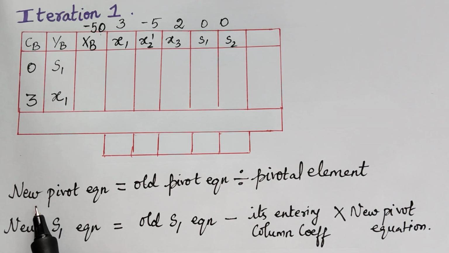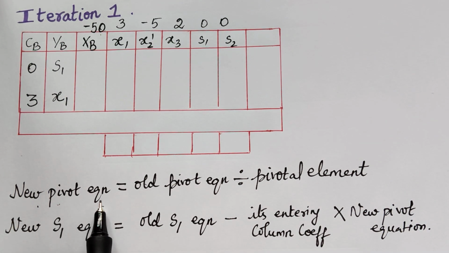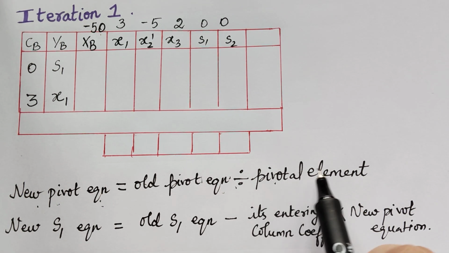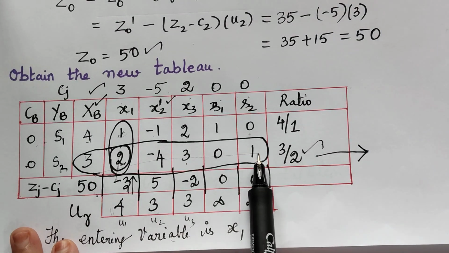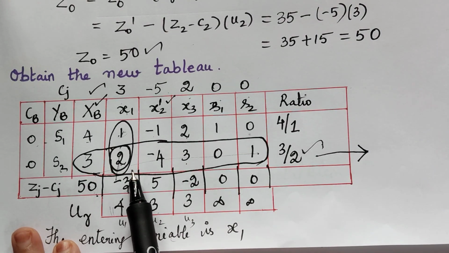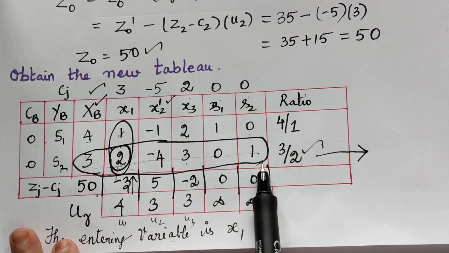That is, we have to form the new pivot equation. Okay, so how the new pivotal equation will be formed? It will be the old pivotal equation divided by the pivotal element. So if you see, this is the pivotal equation. And what is the pivotal element? It is 2. So we have to divide this row completely by 2.